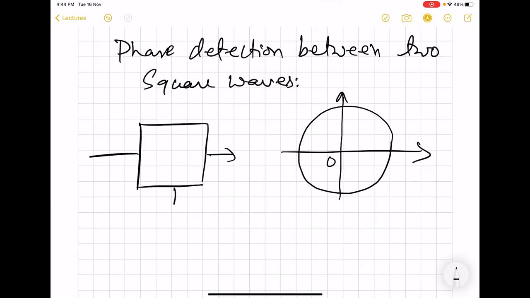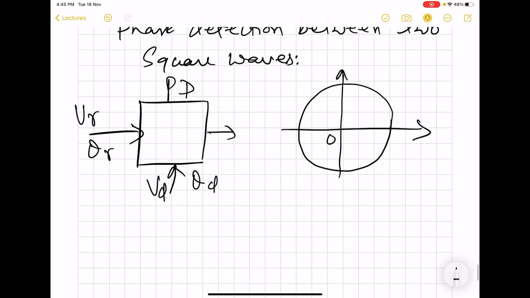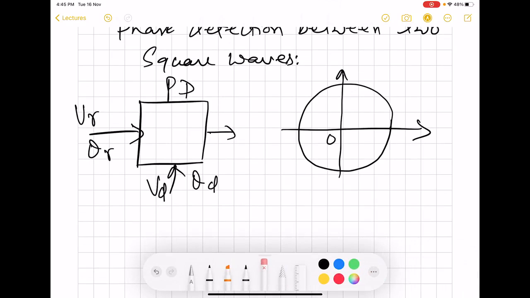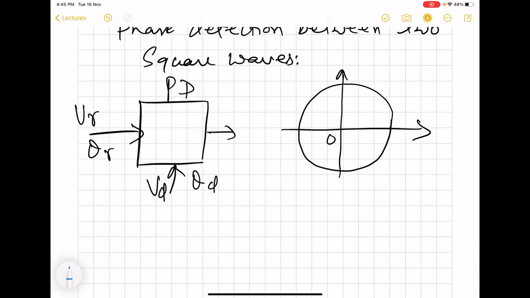So here, let us say we have our phase detector, and then we have a square wave VR with a phase theta r, and we have a divided voltage coming from the divider with phase theta d. Let us say that at t equal to 0, omega d is somewhere here.